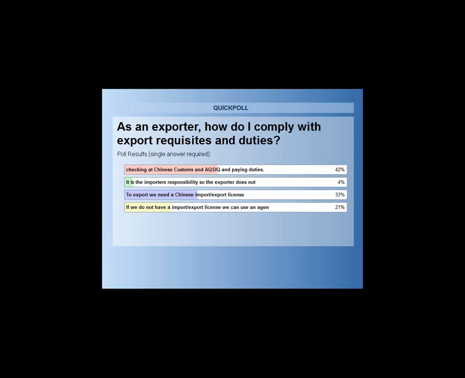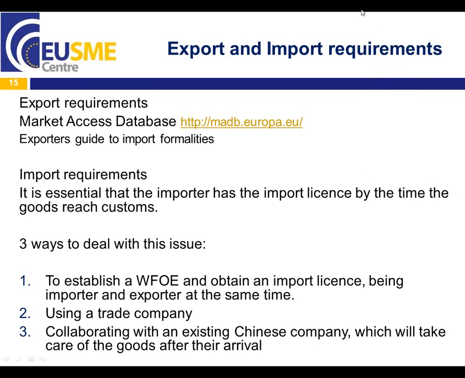Otherwise, the problems will show up in customs. Okay, to export to China, we don't need an import-export license. The import-export license is for the importer or for the Chinese exporter, but we don't need it. Even an individual may be able to export. All right, very good there.